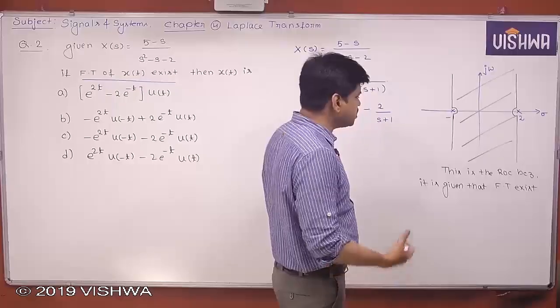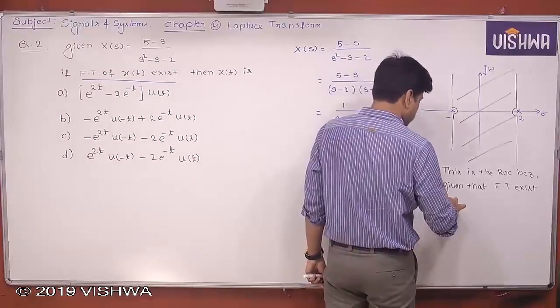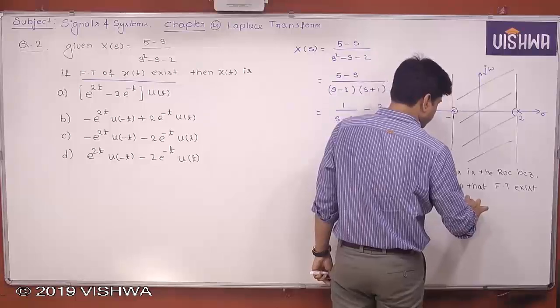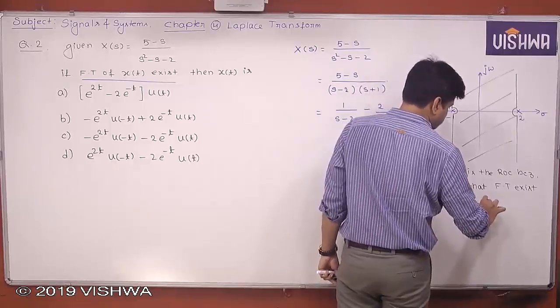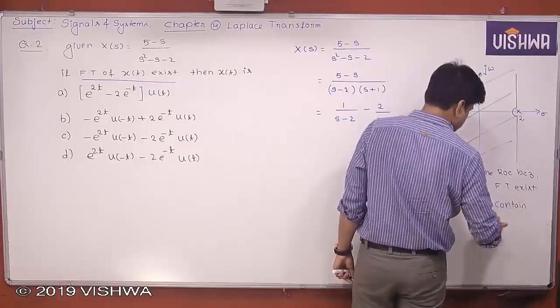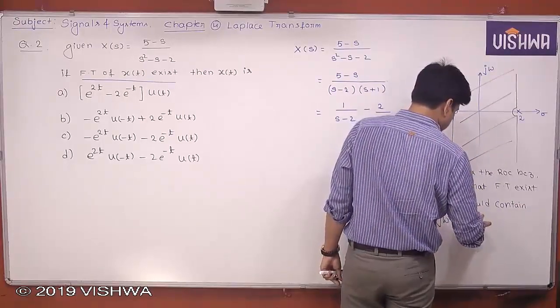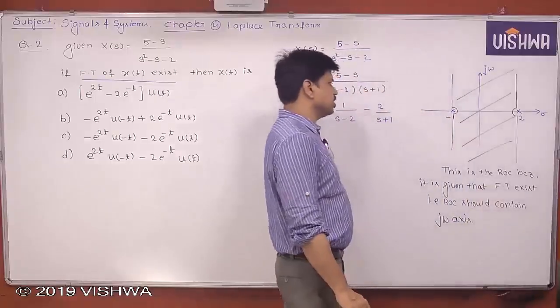Fourier transform exists means the ROC must contain the j omega axis. That is, the ROC should contain the j omega axis.